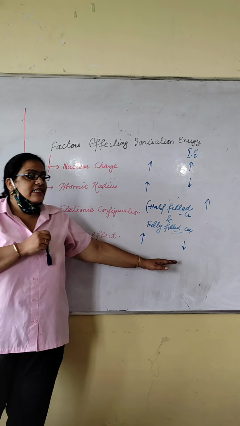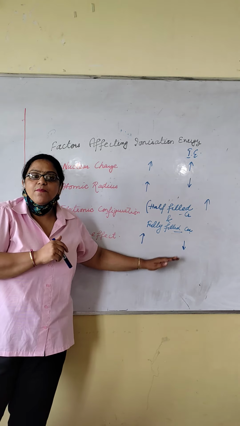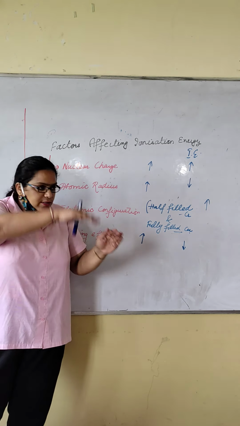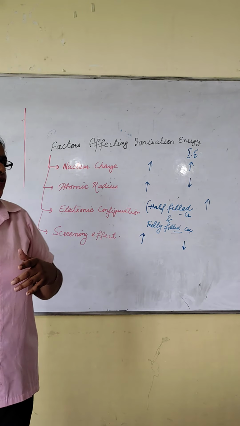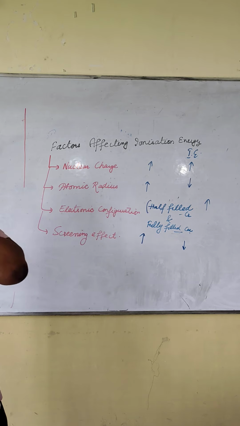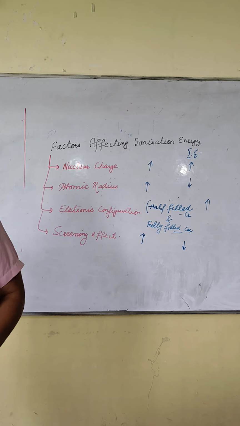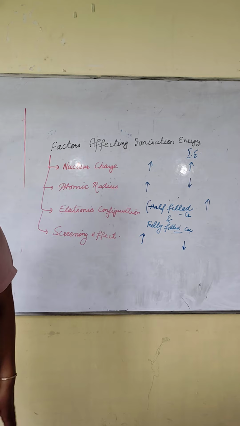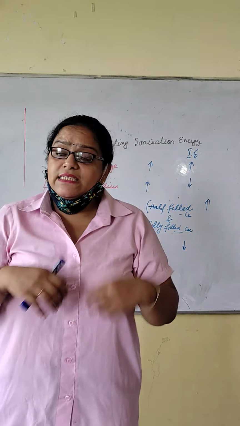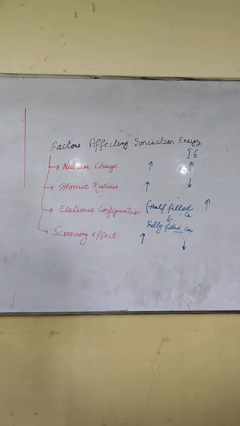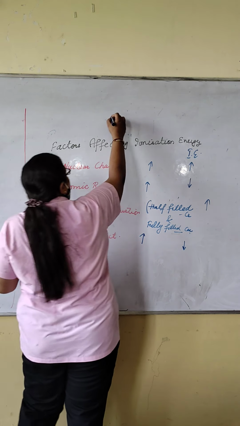So, it is easier for us to remove the last electron because more electrons will shield the outer electron. So, the last electron will experience less force of attraction from the nucleus. So, less force of attraction means it is easy for us to break that bond, to remove the electron. I hope it is clear to you? This is the concept of ionization energy.